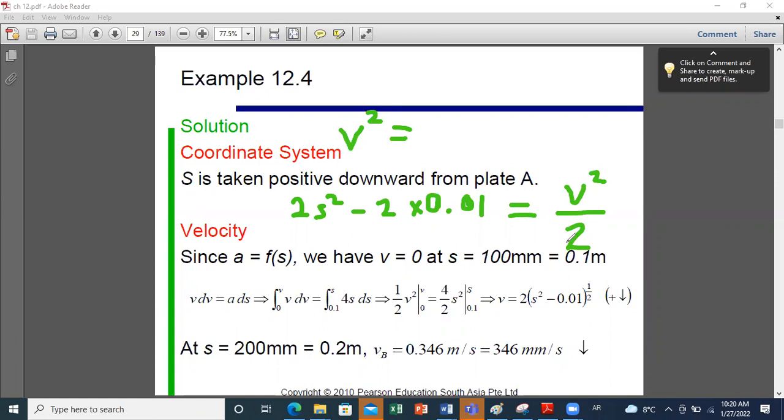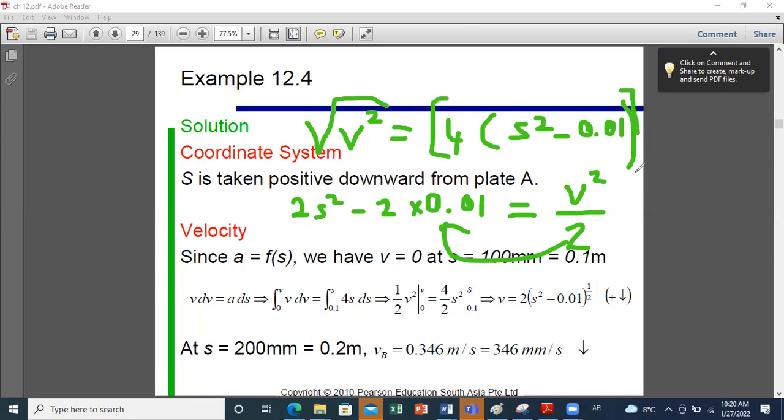when you take 2 to this side, you will get 4 times, I will take it as a factor, s squared minus 0.01. And now to get v, to eliminate the square, you have to do the radical for both sides. It's equivalent to multiplying by power what? By power 0.5. So all of this will be raised to the exponent half, and then you get the expression of v as a function of s.